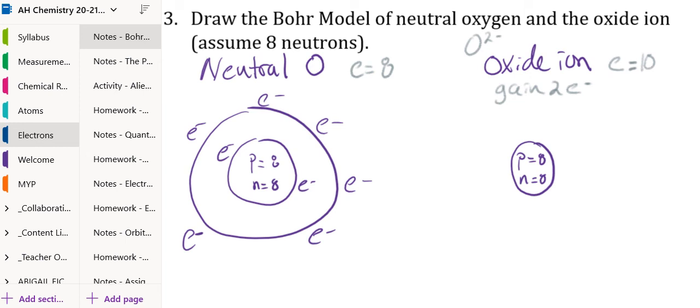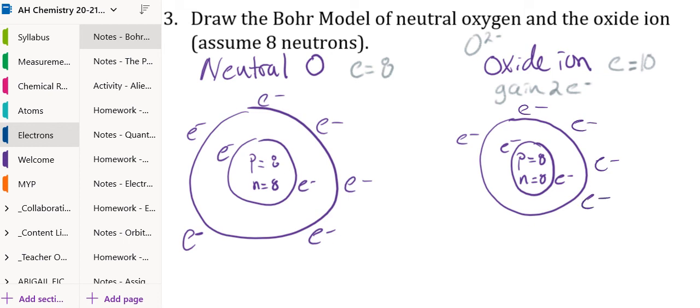So now, still 2 electrons on the first energy level, right? How many in the second energy level? 8. So what can we say about that second energy level now? We said atoms and ions want to be more stable and to have a full outer energy level.